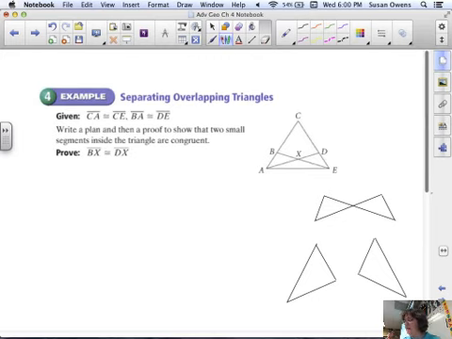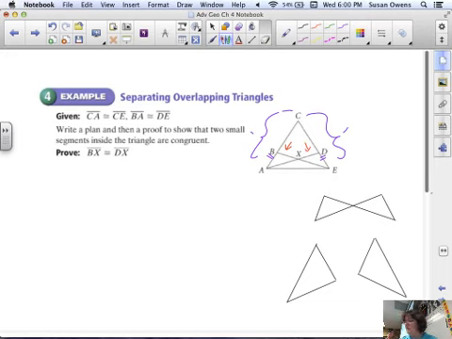So this one I am going to do together, but I want to kind of give you an intro before we do it. So this one, we're given that CA is congruent to CE, and we're also given that BA is congruent to DE. And what we want to prove is that BX is congruent to DX. Now this is one where I think separating the triangles really helps you.